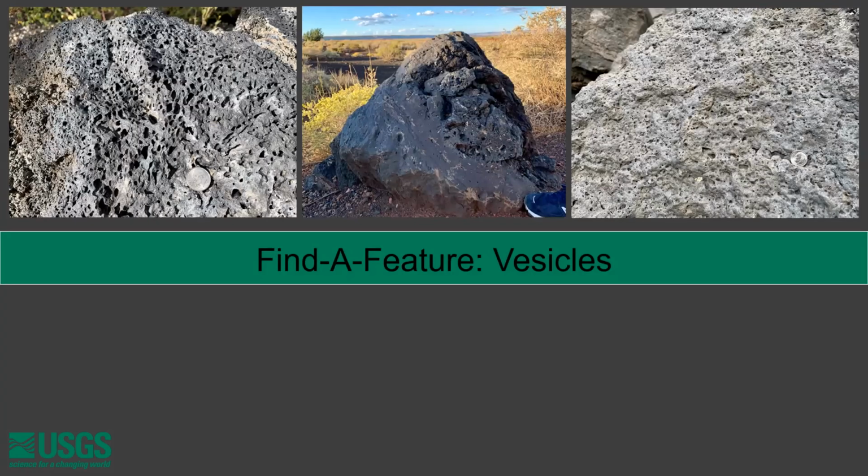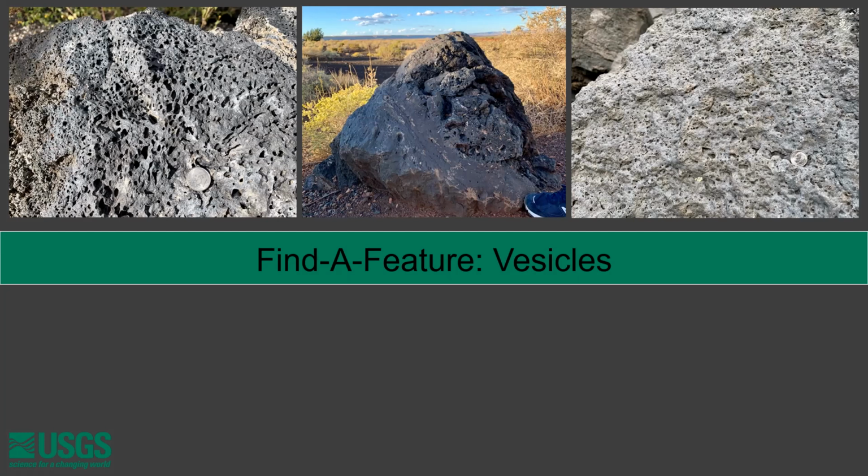All right, another example of a find a feature challenge is vesicles. So in geology, vesicles, of course, are the holes that are left behind as gas escapes from a lava as it's cooling. So if your students are looking at extrusive igneous textures and they want to learn about the cooling history of that lava, they can look at the vesicles to learn more about that cooling history.